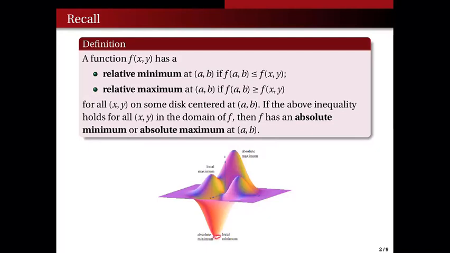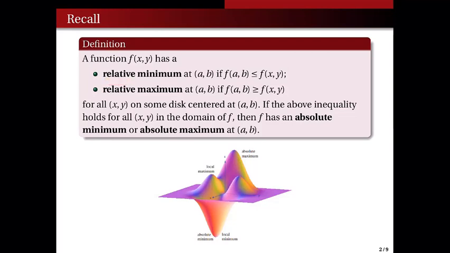In here, we have a local minimum, and at the same time, an absolute minimum. So this is a graph of some function with local minimum or local maximum or absolute maximum, absolute minimum. By the way, when we say local, it means relative.